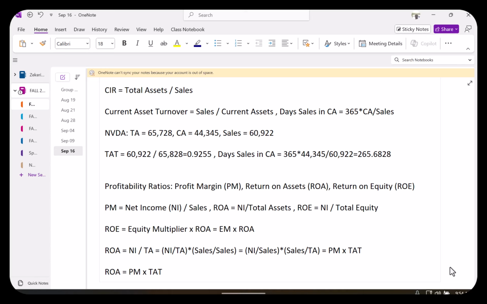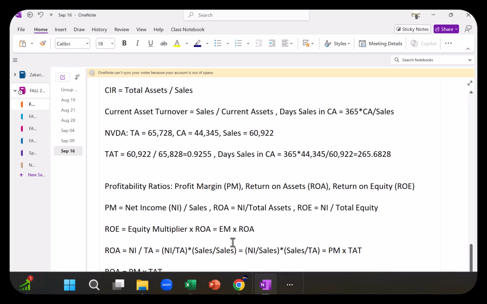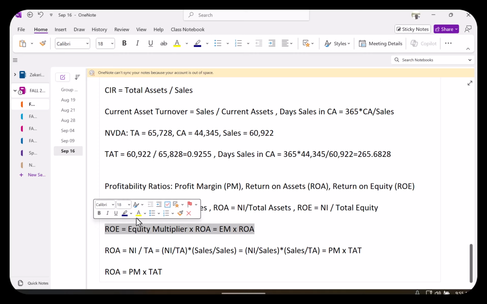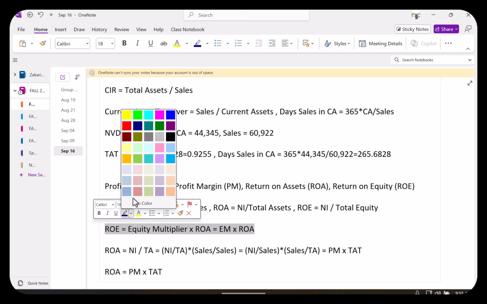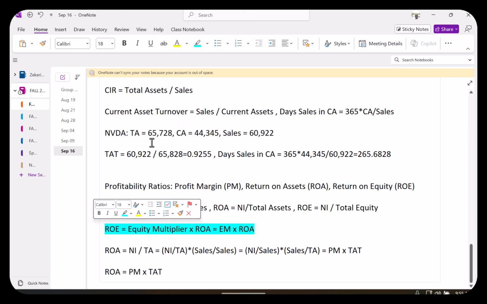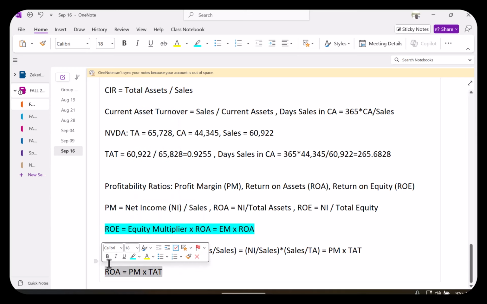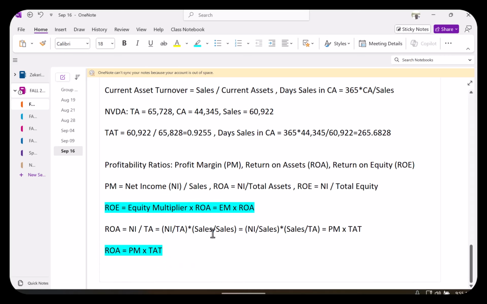If we put those two together, let me highlight these, we can write ROE as PM times TAT times EM.